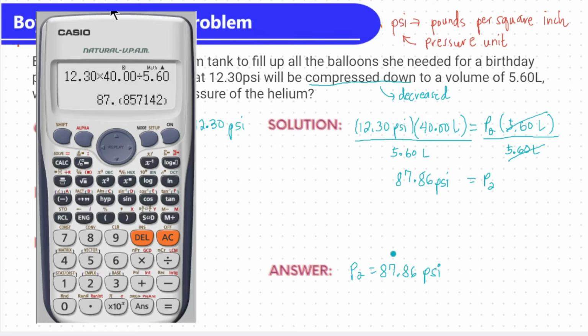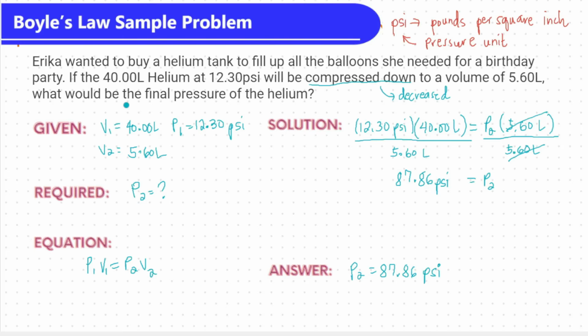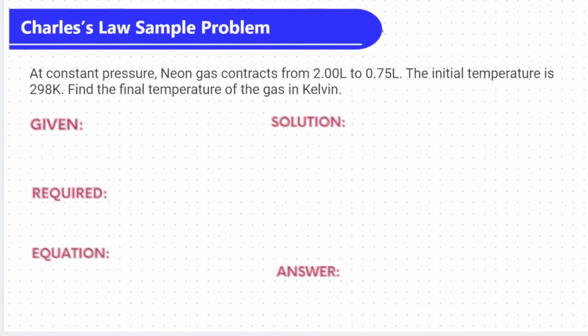Alright? So I hope you have learned or understood Boyle's law at this point. You can use these problems as a pattern for answering your other activities. So let's go now to Charles' law. Unlike Boyle's law, Charles' law relates volume and temperature at constant pressure.